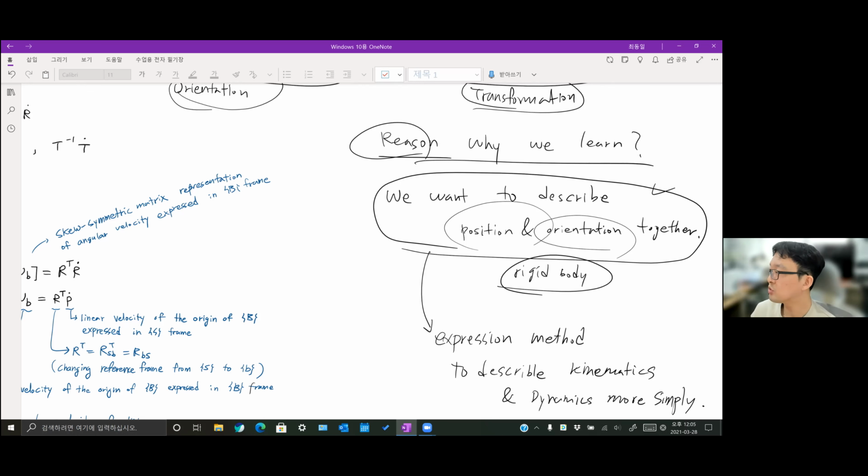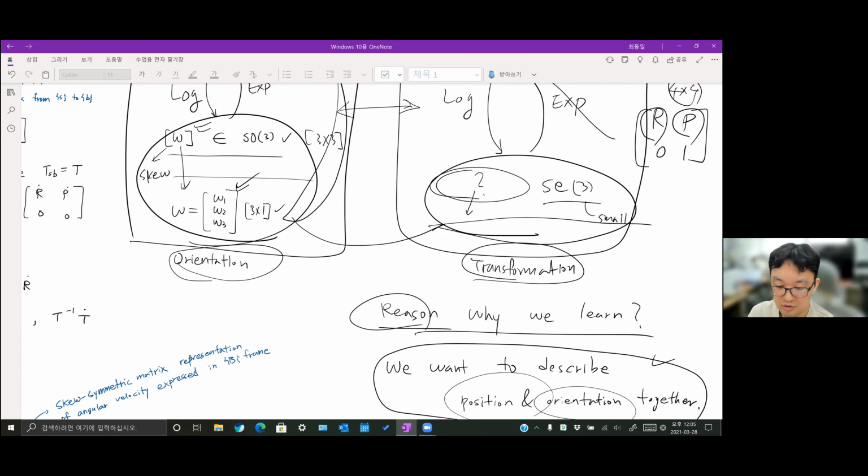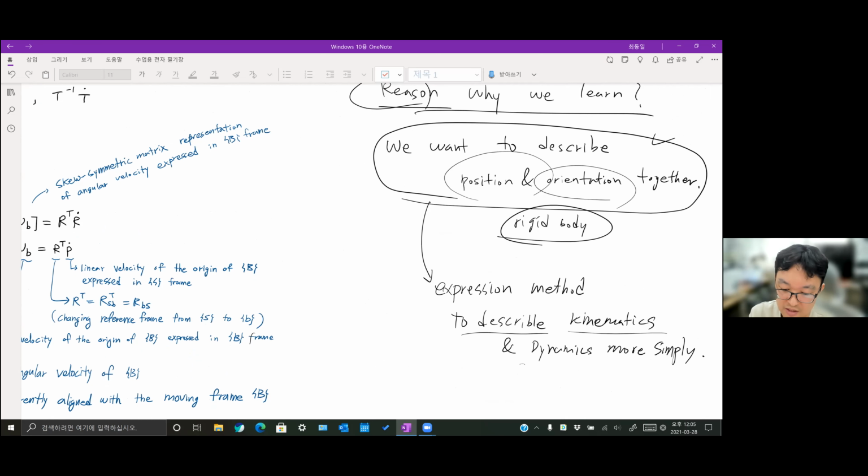If you already learned about dynamics, the dynamic equation is very complex, sometimes the symbolic dynamic equation is very, very long and very, very complex. But if we describe this dynamic equation very simply, that is good. So the reason we learn this kind of expression is we want to describe kinematics and dynamics more simply.